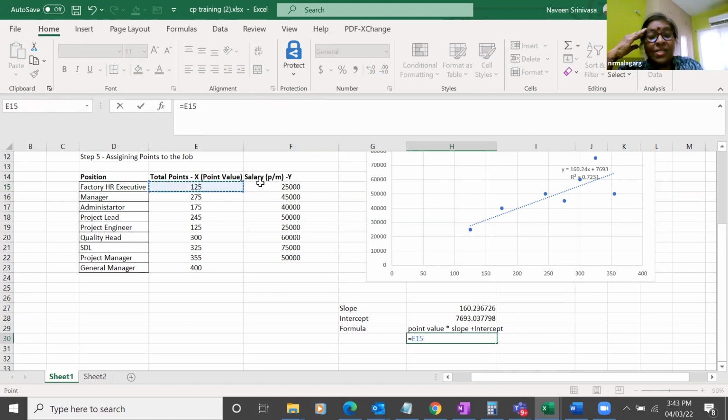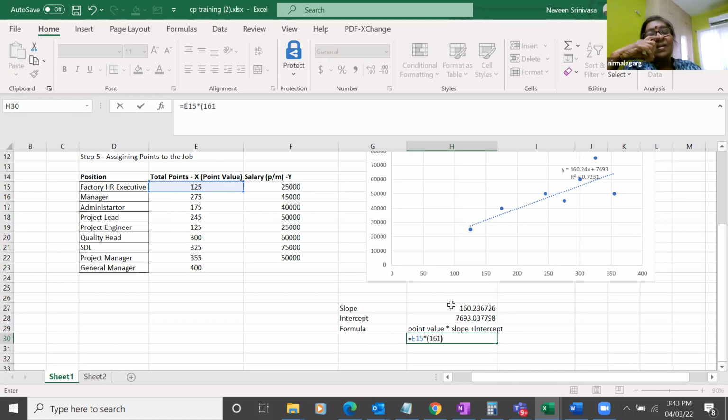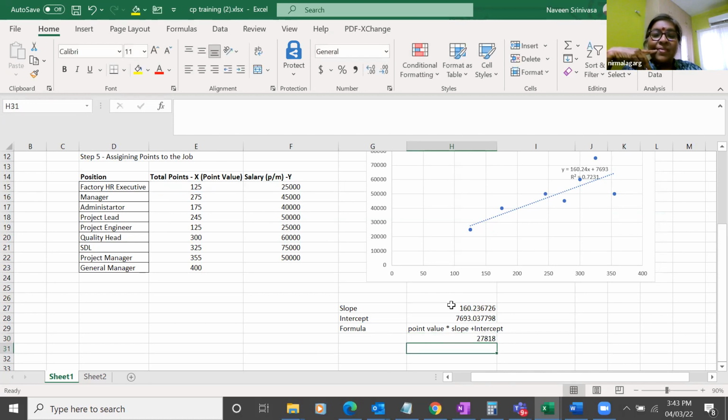Hardwire it, put a star sign and brackets. Inside the brackets, put the slope value 160.24, or round it off to 161. Then close the bracket, then plus the intercept value 7693. That's it. Now if you drag it, everything will come.